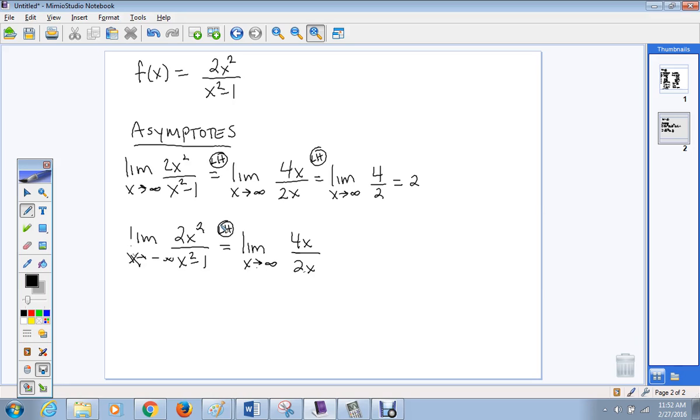So here, if we applied L'Hopital's rule again, because we get infinity over infinity, we would get 4 divided by 2. So we do have a horizontal asymptote as x goes to infinity at y equals 2. That would be the equation of the asymptote. And we have a horizontal asymptote as x goes to negative infinity.